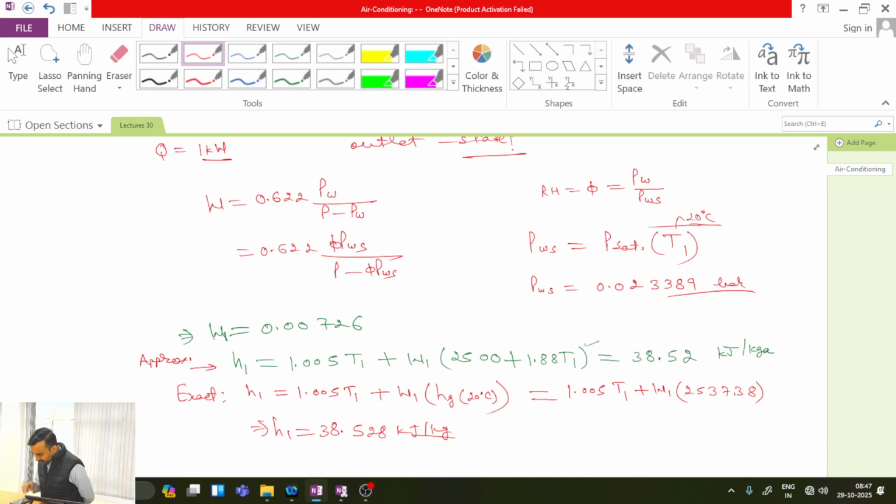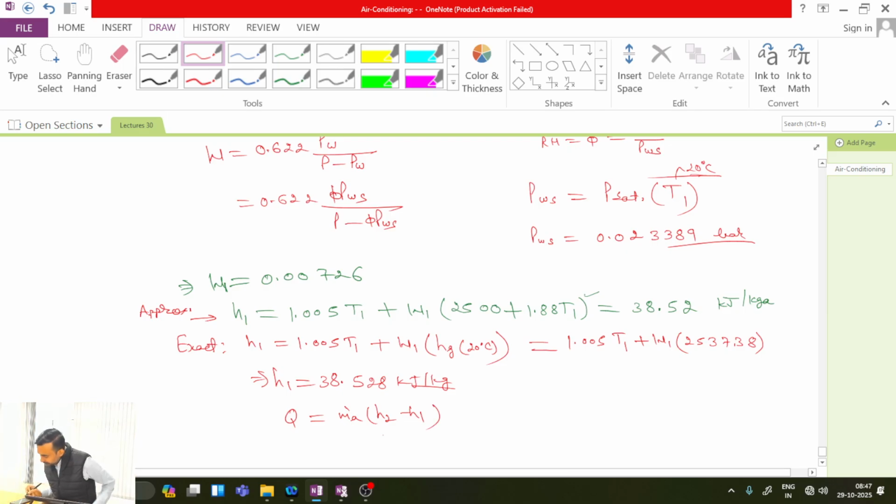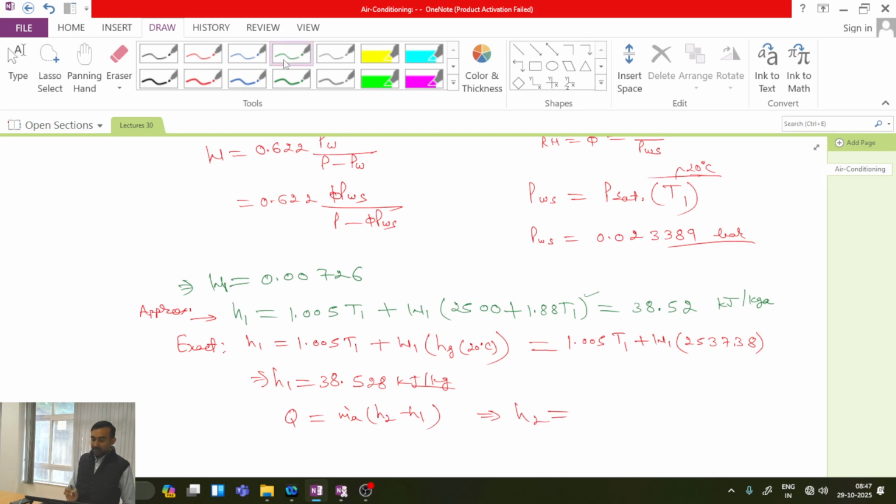Now it's very simple. Simple heating is taking place. Q must be equal to m dot A into H2 minus H1. How much is m dot A? Substitute and tell me what H2 will be. Calculate.